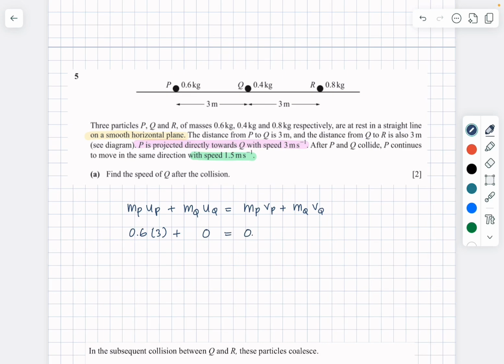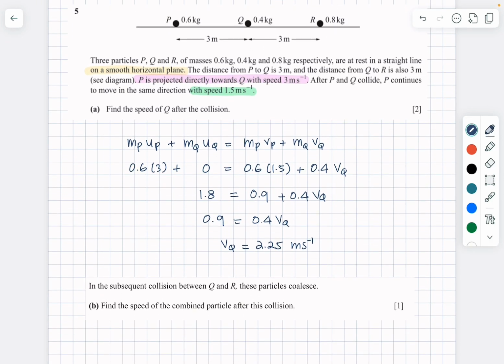So 0.6 times 3 equals 0.6 times 1.5 plus 0.4 times VQ. We resolve this, and then we get VQ is 2.25 meters per second.